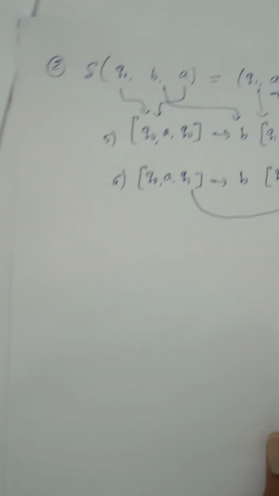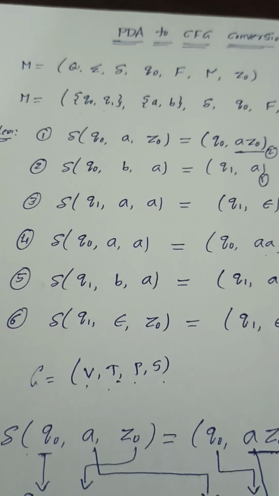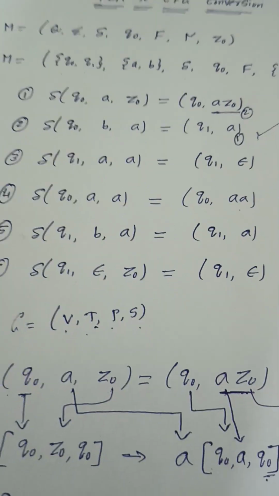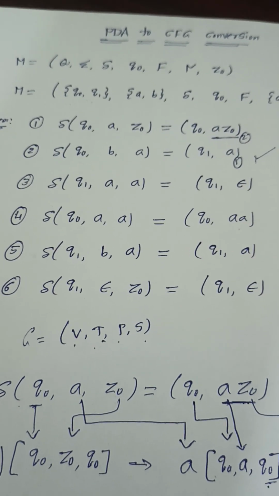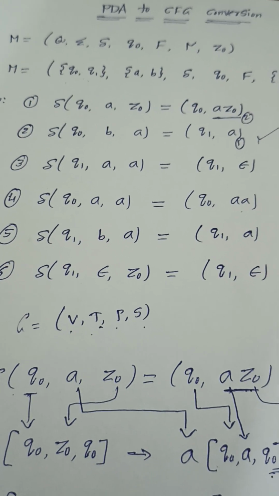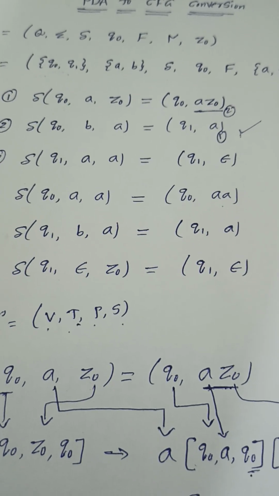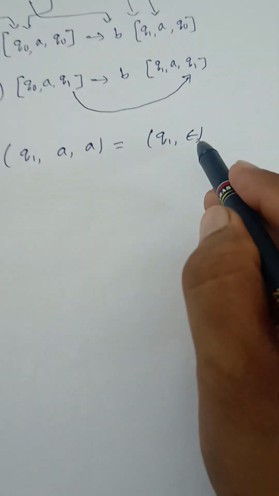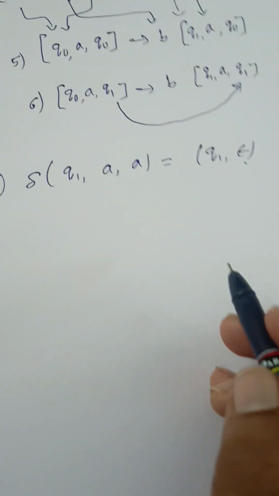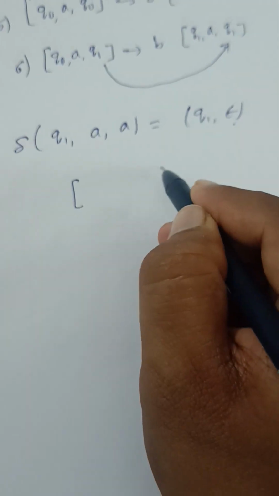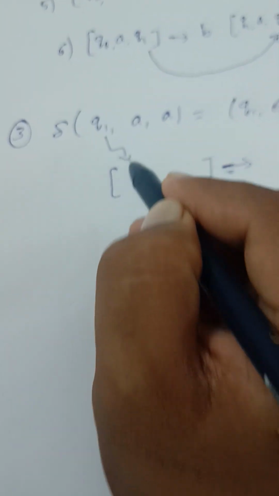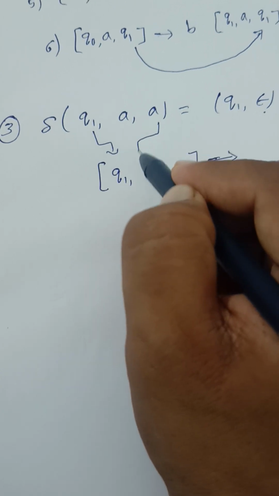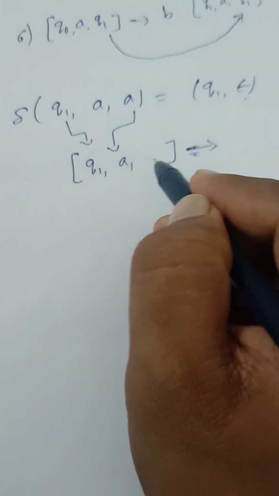Okay, so now what is the third transition function? The third transition function is delta of q1 comma a is equal to q1 comma epsilon. Okay, so here epsilon means 0. That means 2 power 0, only one production is there. What is the third one?